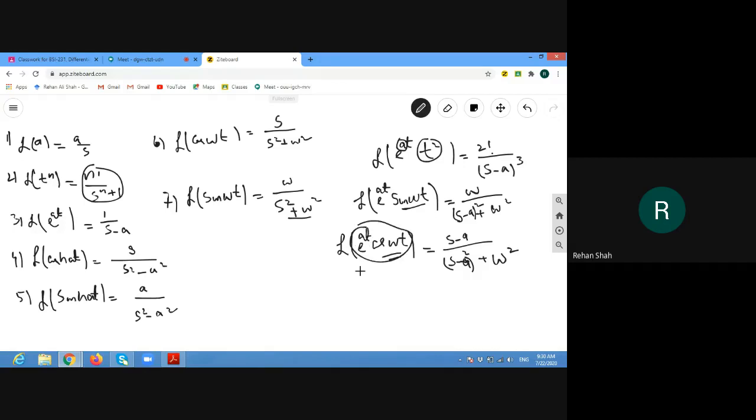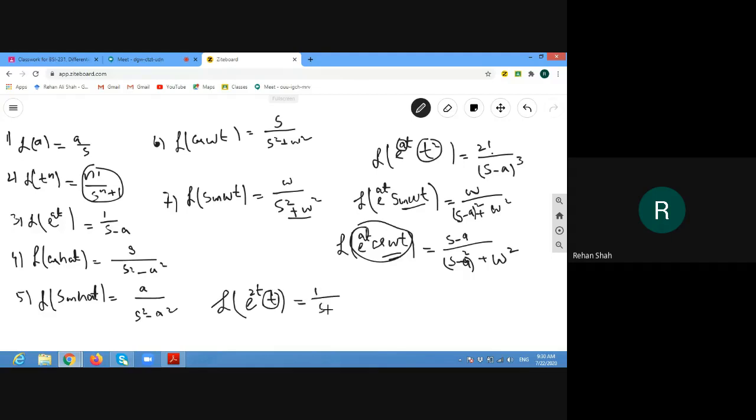You apply the shifting theorem if a function is multiplied with an exponential function. So write the formula for the function and replace s by s minus a. So if you have e power 2t times t, what will be the Laplace transform of this function? Write the formula for t. What is the formula for t? 1 over s square.